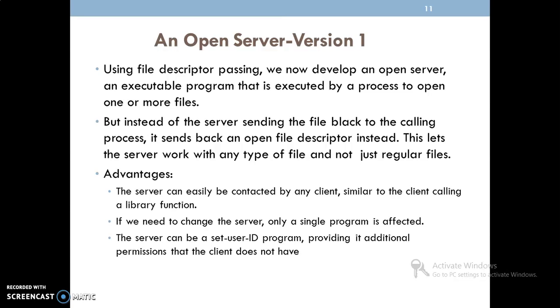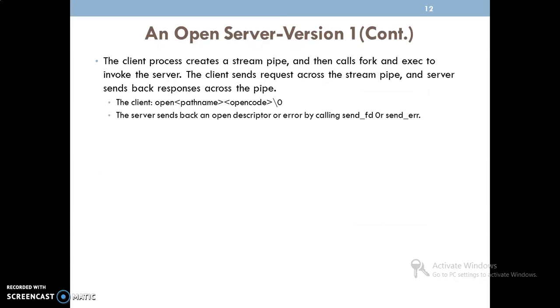The third point, the server can be a set user ID program, providing it additional permission that the client does not have. It means we are assigning the access permission to the server, just like it acts as an admin here.